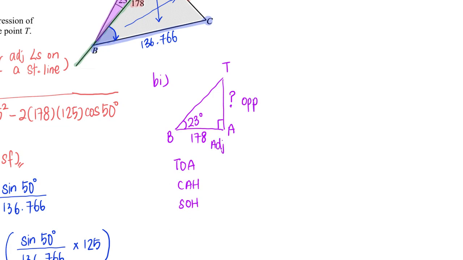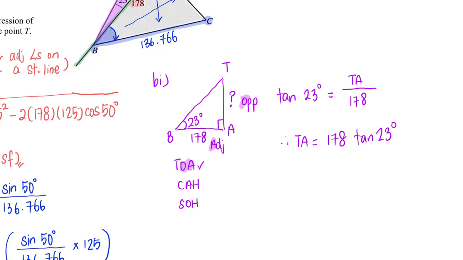I have my adjacent side AB, O and A. I am going to apply the tangent ratio, opposite over adjacent side, and I multiply 178 on both sides to obtain my TA. This will give me a value of 75.5565 to about 6 significant figures, 75.6 meters.